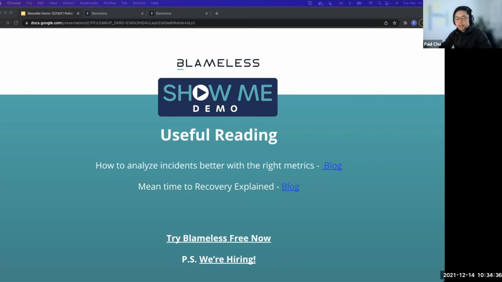So I'll say that if you're at a stage where maybe your team is less than 10, the incentive of coordinating incident management may not be as high a priority. But if you do anticipate growing fast over the next few months or even year, I would say it's definitely better to get started earlier than later.